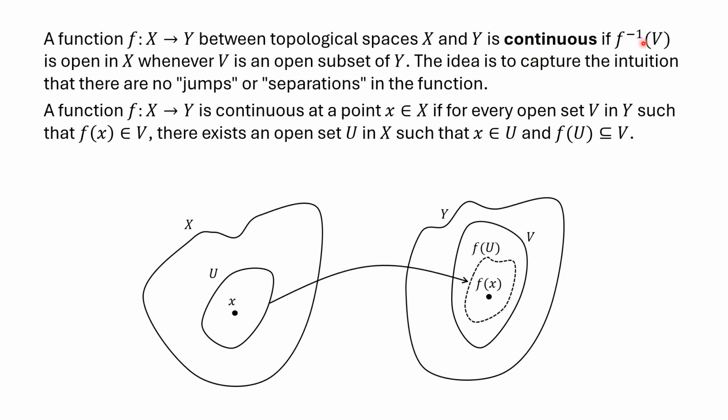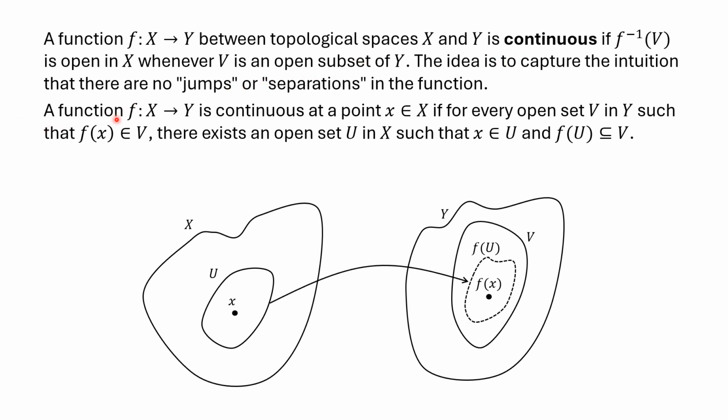Notice here we're using open sets to define continuity. If you recall from our metric space lessons on continuity, we had multiple equivalent definitions, and one of them did involve open sets, which looks exactly like what we have here.